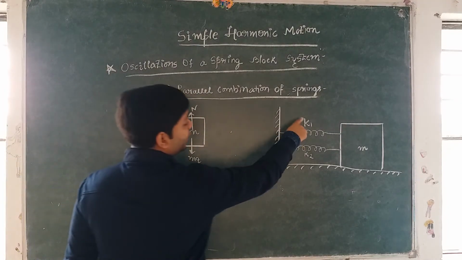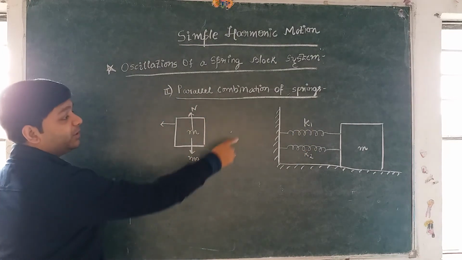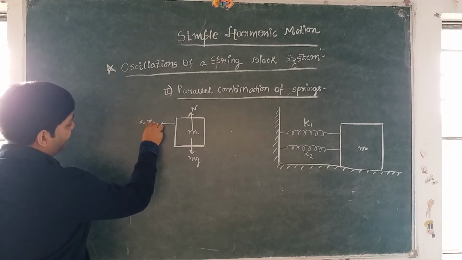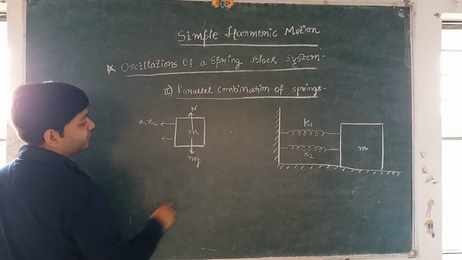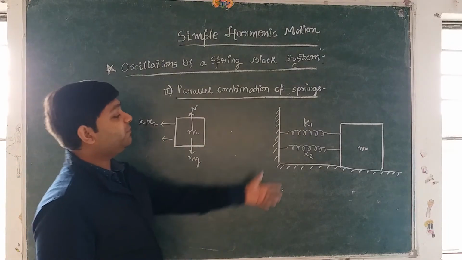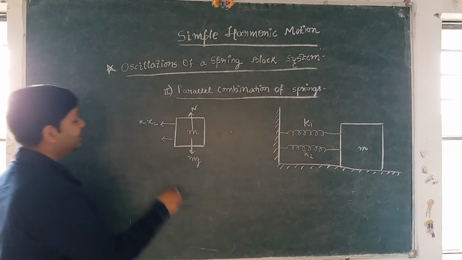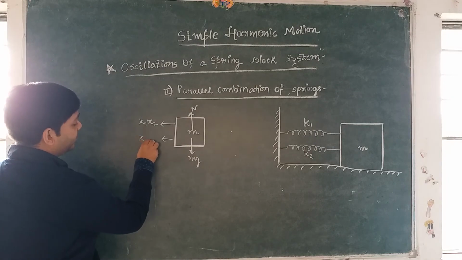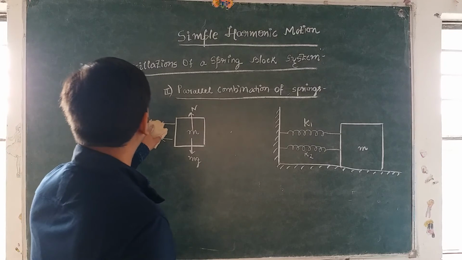Let's say the elongation in spring 1 comes out to be x1, and therefore there will be a restoring force k1 x1 in the backward direction towards the left, and similarly there will be a restoring force in spring 2. If the elongation in the length of spring 2 is x2, then the restoring force will be k2 x2.